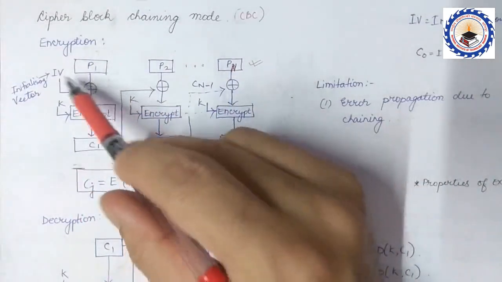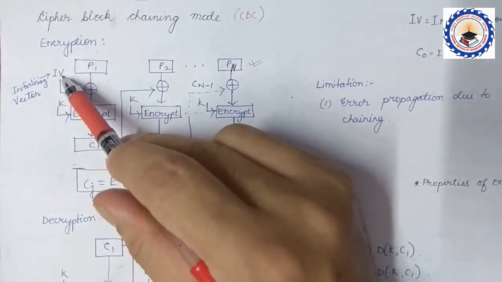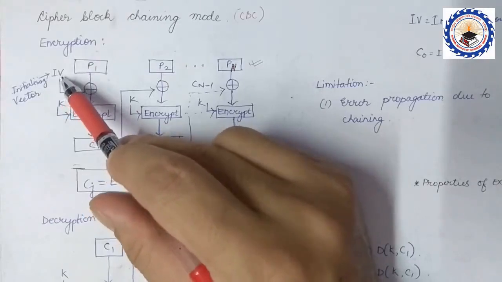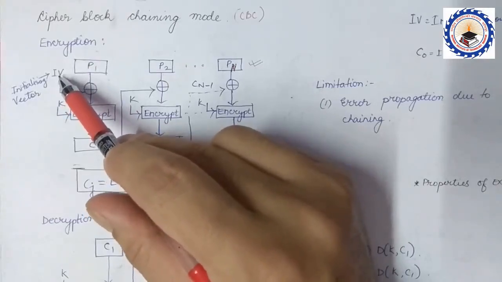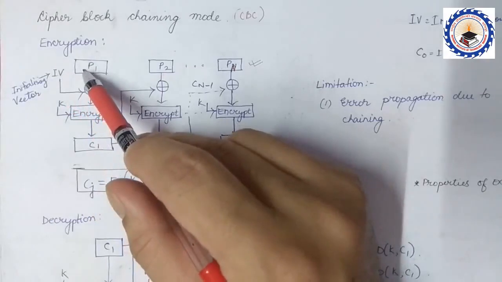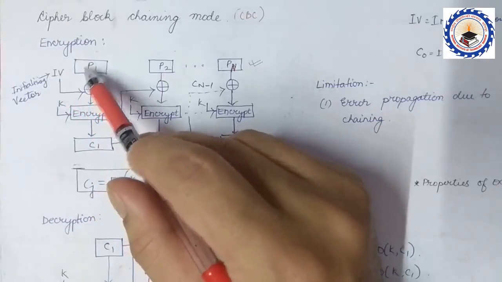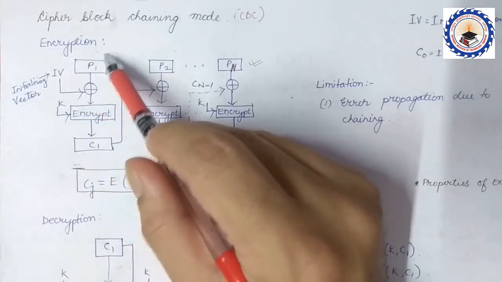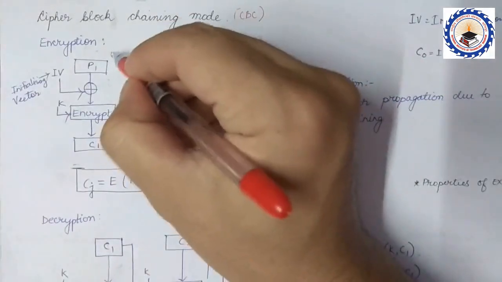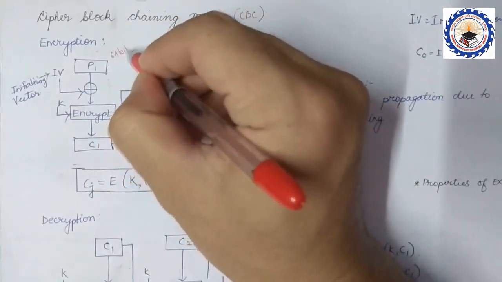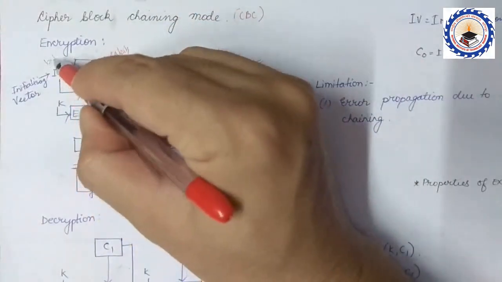First of all, we take an initialization vector. The size of this initialization vector is equal to the size of the given blocks. If the block is 64 bits, then this will also be 64 bits.